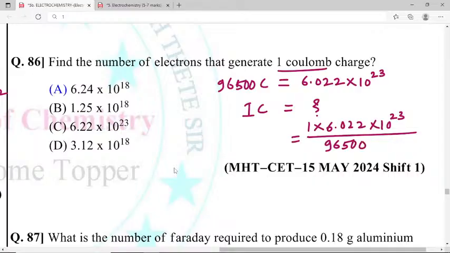So we'll get the answer. So what is the answer? 6.24 into 10 to power 18. So how many electrons generate 1 coulomb charge? So 1 coulomb charge is 6.24 into 10 to power 18 electrons.